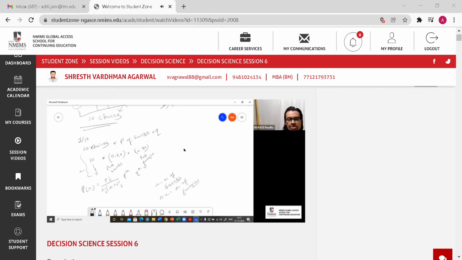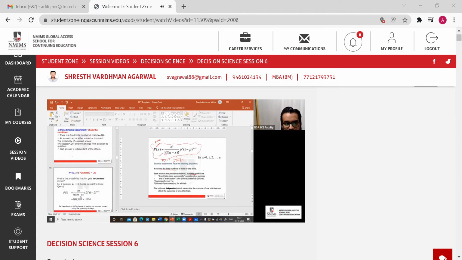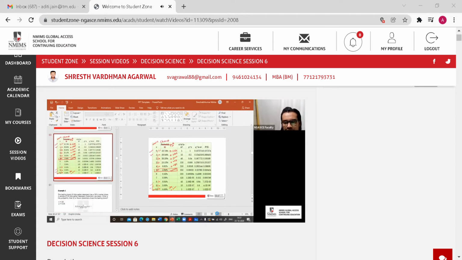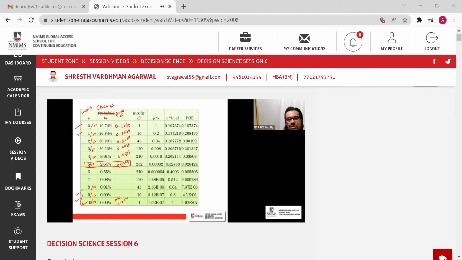Great. So that's the only reason I have designed this table this way. So here p raised to x is what? Why is p raised to x 1? This is like 0.2 raised to 1.